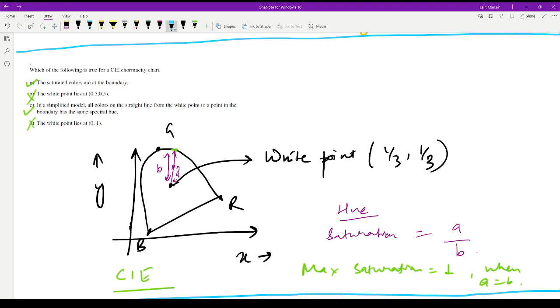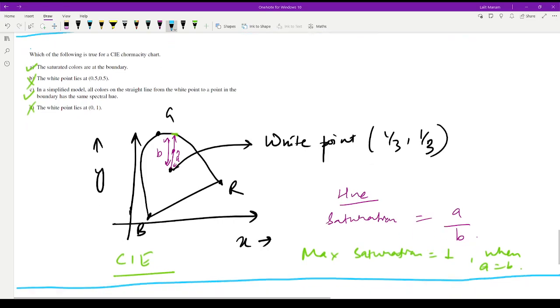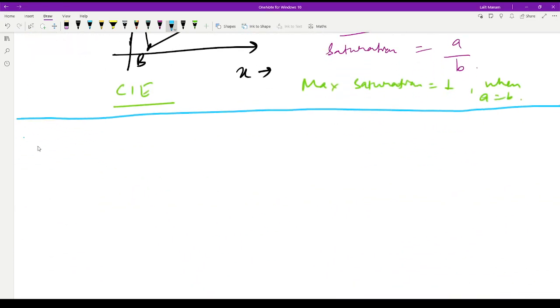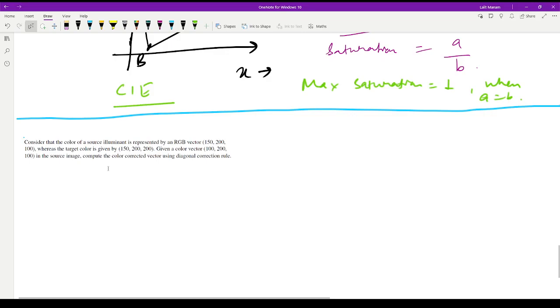Okay, so we move on to the next question. Consider that the color of a source illuminant is represented by an RGB vector and the target color is given by this. Now given a color vector in the source image, compute the color vector using a diagonal correction rule.